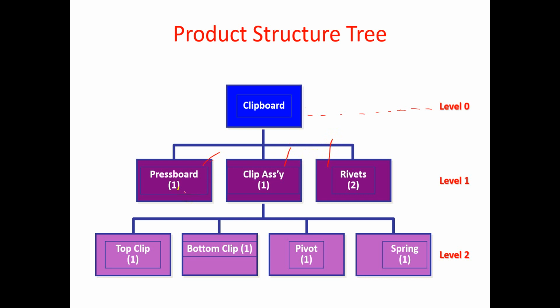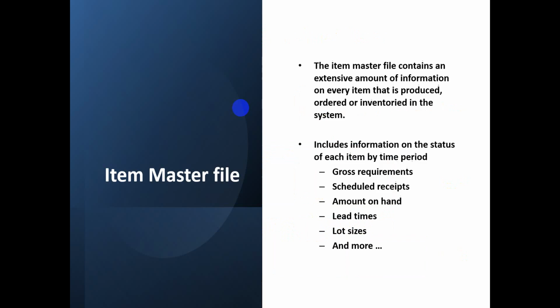Okay, and you can see this 2 is the quantity of the next level assembly part numbers. Again, if you disintegrate the clip assembly at level 2, then you can see the top clip, bottom clip, pivot, and springs. This is how you can understand any product structure by verifying their levels and functionality and so on.